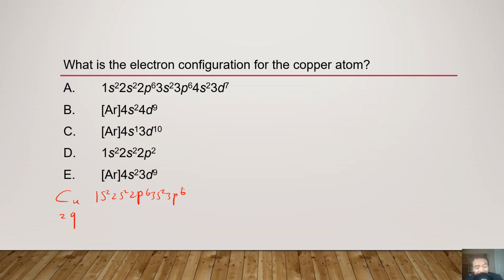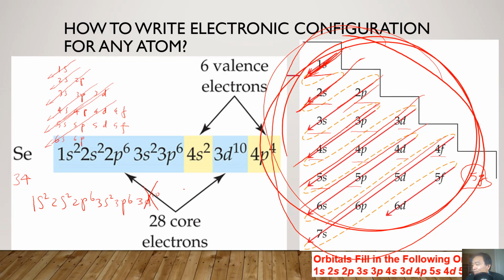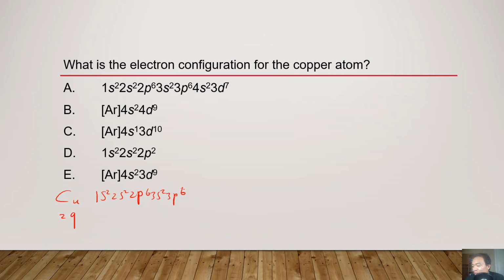Now the next one, do we go by 3d or 4s? We go by 4s first. If you don't remember, write the diagram as you see over here, on the right side, then you will know which one goes first. It turns out it's 4s first because 4s has lower energy than 3d. So it's 4s2, now you have 3d9.